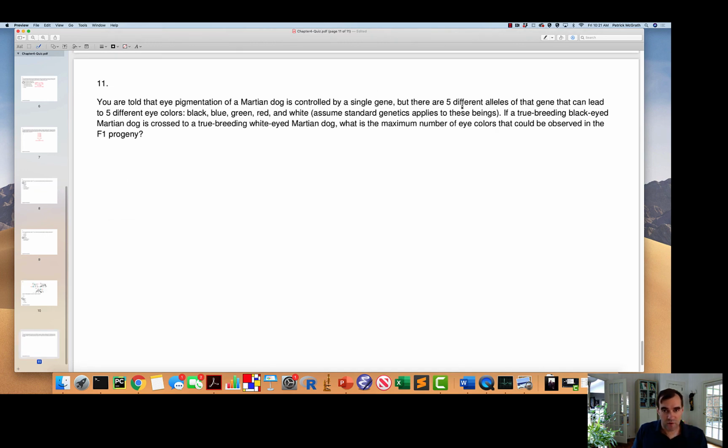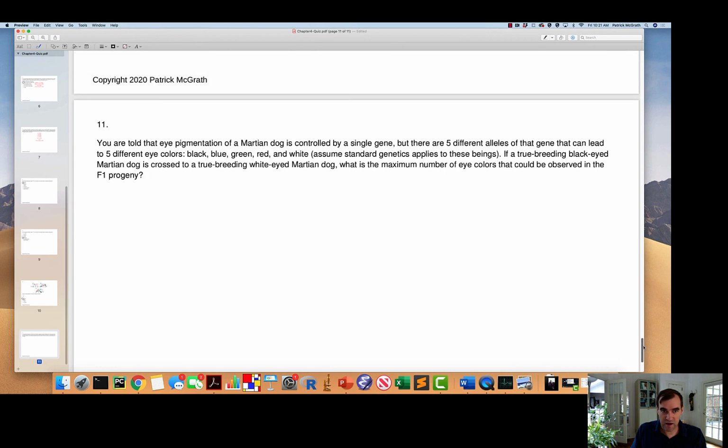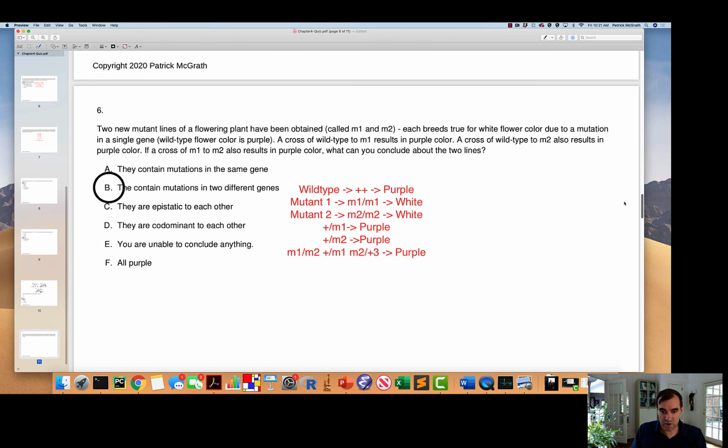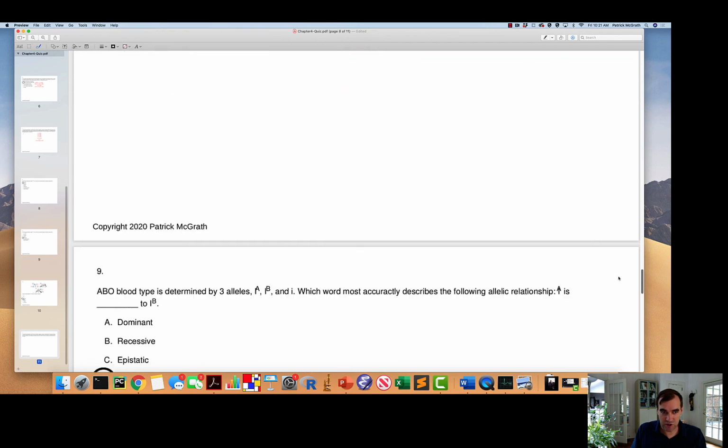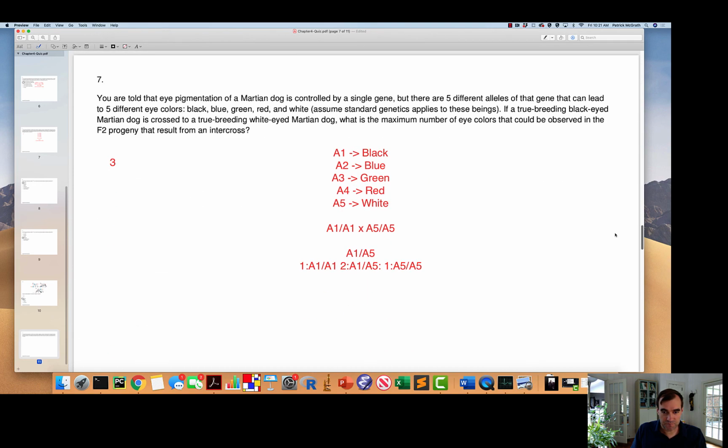Finally, the Martian dog example. What is the maximum number of eye colors that can be observed in the F1 progeny? We already answered this question earlier. We know that all of the F1s are going to be A1, A5.